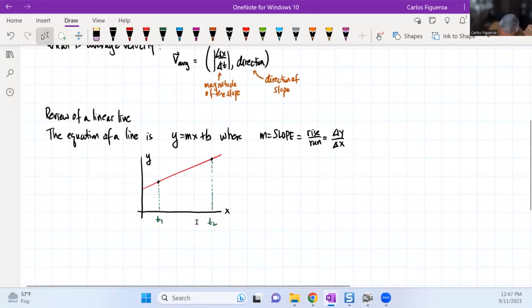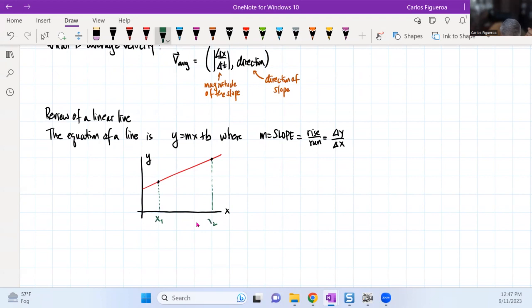In this case, I said time, didn't I? I don't want to say time, I want to say x. This tells me the delta x, which is, of course, the run. On the other hand, I have these other points that I could move all the way over here to the side, and I could call these y1, y2, and this gives me the rise.